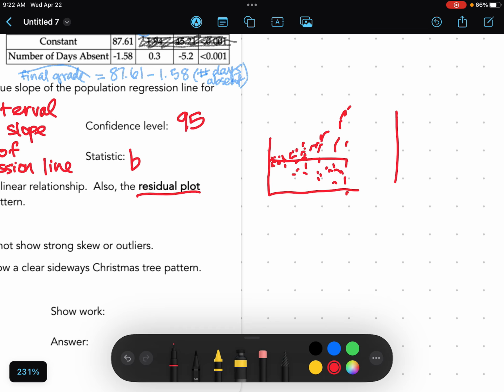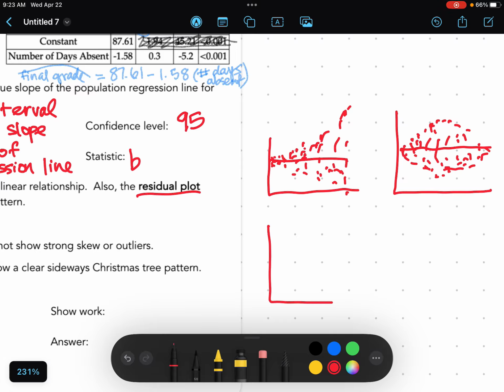Or sometimes, I don't like the way that they wrote this in this lesson, you get something like a football pattern. Or sometimes, it's not very common, it's really spread out on the ends and then gets close together and then far apart. You want consistent spread.